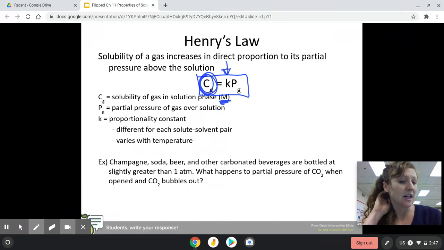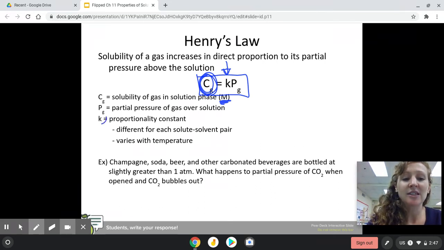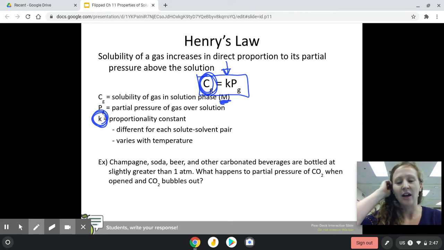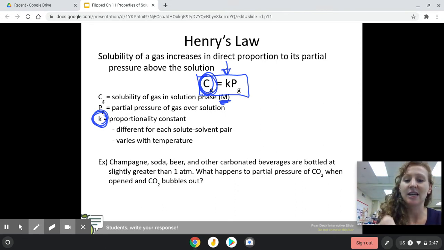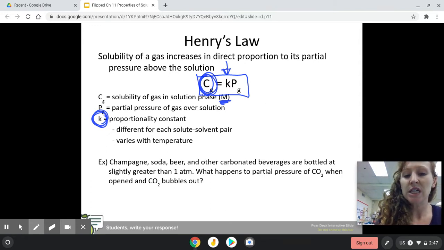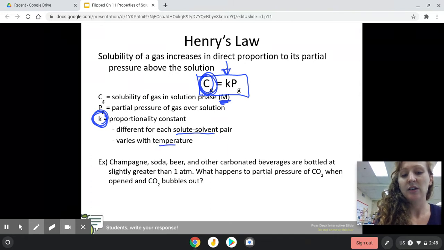Well, same thing here. We have K is going to be a proportionality constant. Now, unlike the speed of light equation, this K doesn't come with a concept. It's just a number. It's a number that makes it work. Now, the tricky thing about this constant is it's going to differ depending on your context. So it's different for each solute-solvent pair, and it also varies with temperature.